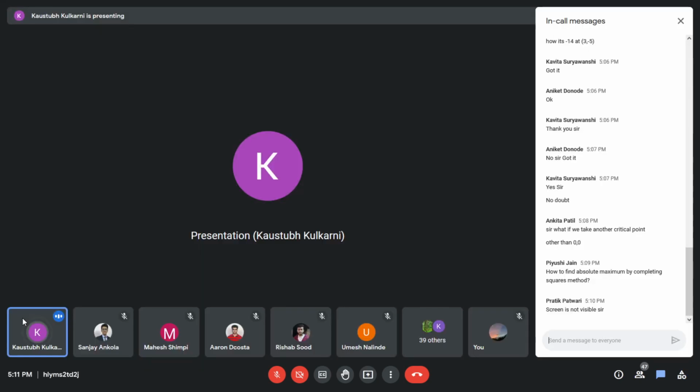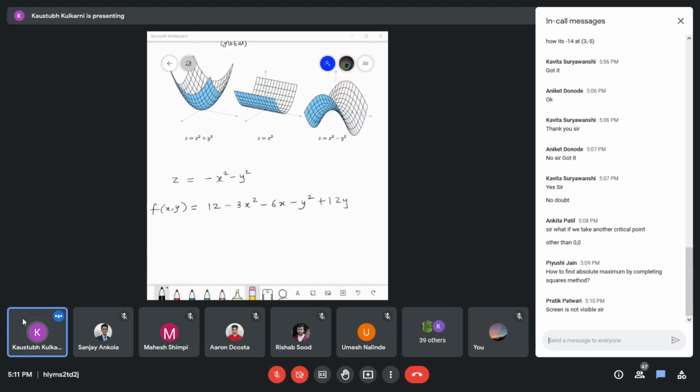So let's say this is the function: 12 minus 3x square minus 6x minus y square plus 12y. In this case, if you complete the squares, it will be minus 3.